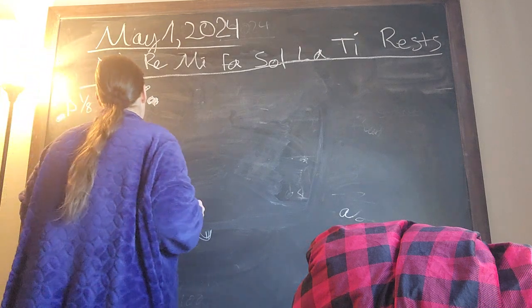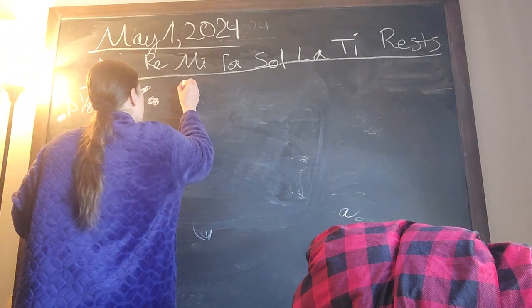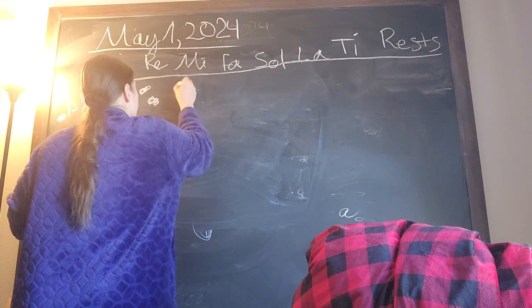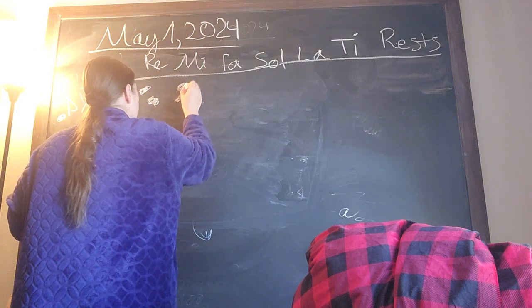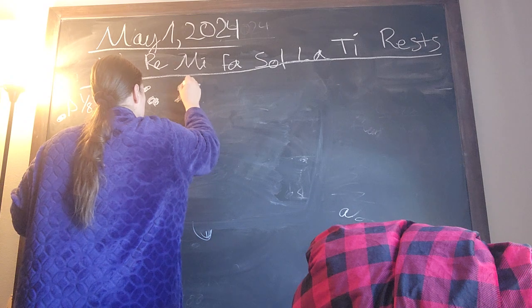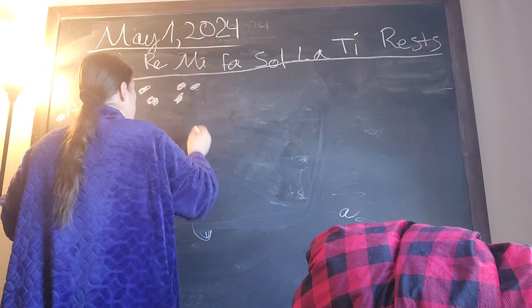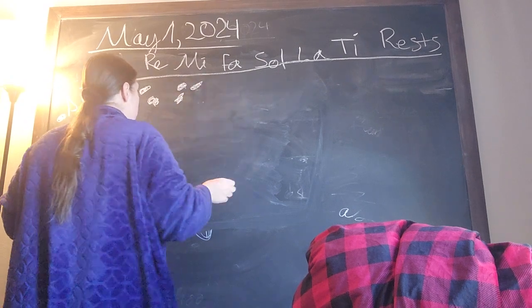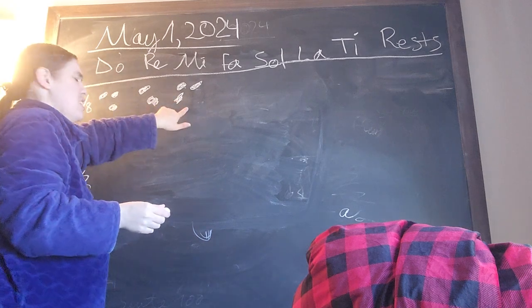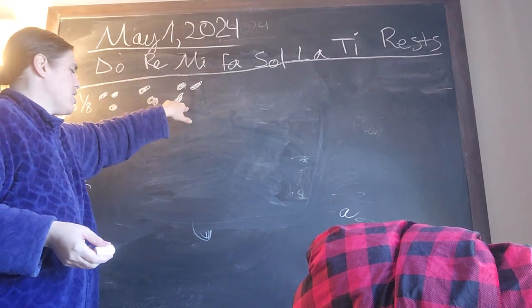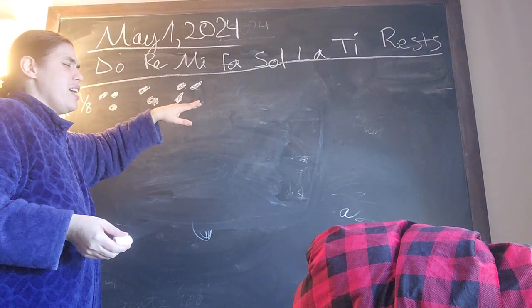The symbol for mi is basically the inverse of the letter D. It is something that you just memorize. Don't have anything fun for that. But mi is essentially the letter F.